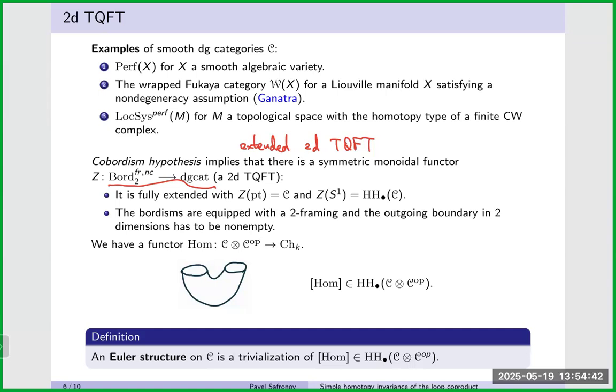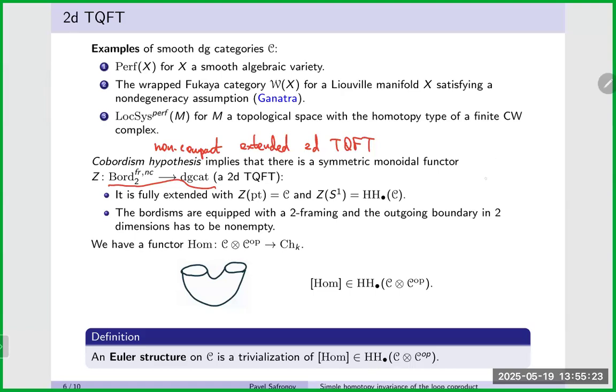In general, there are a lot of finiteness conditions you have to assume for this category to get an extended 2D TQFT. I will be looking at a slight variant of extended 2D TQFTs, which was introduced by Cohen and Godin. So these are called non-compact extended 2D TQFTs. What this means is that you can look at the cobordisms, but whenever you have an outgoing boundary, so if you have a picture like this, I'm going to read from bottom to top.